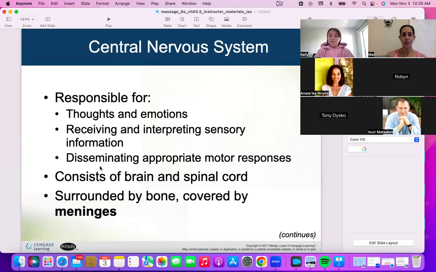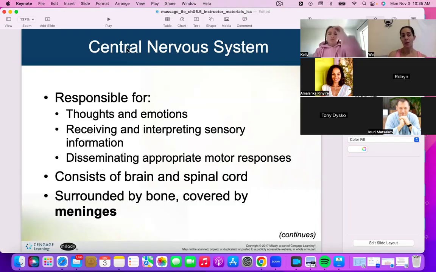The central nervous system is responsible for thoughts and emotions, receiving and interpreting sensory information, and initiating an appropriate motor response. So what you think and what you feel is governed by your brain. Any information you receive, the brain interprets it and gives it a proper response.